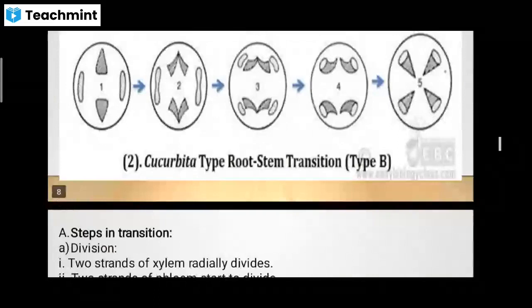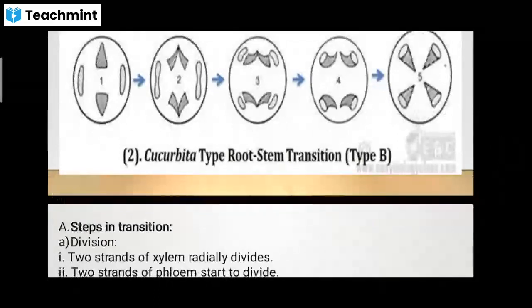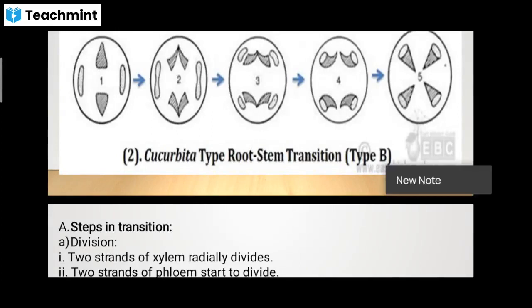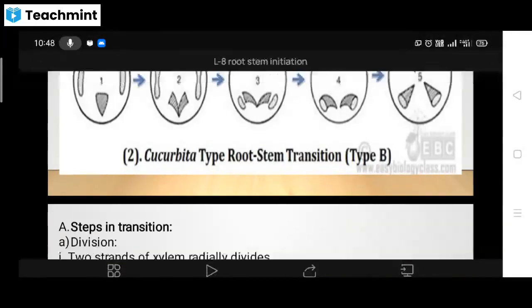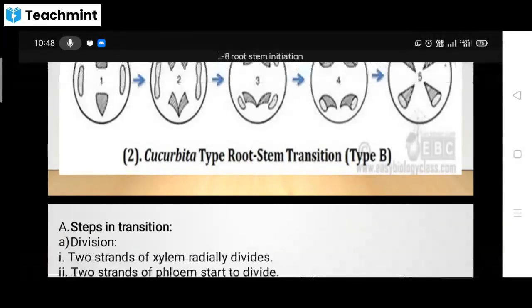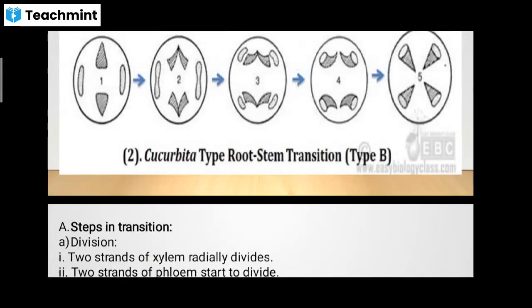In the root, the phloem are at both sides, but after the root-stem transition, the phloem strands will be divided, and the xylem strands will also be divided. So the positions of the phloem strands as well as the xylem strands will be changed. So this is all about type B, that is, root-stem transition in type B.